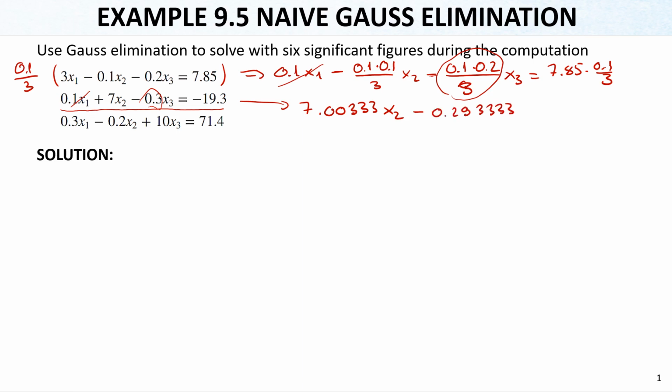We need to be careful about round-off error, so that's why we need to have many numbers like this, and this will be equivalent to minus 19.5617. So we subtract this from this one, that's why it's minus, and this value.